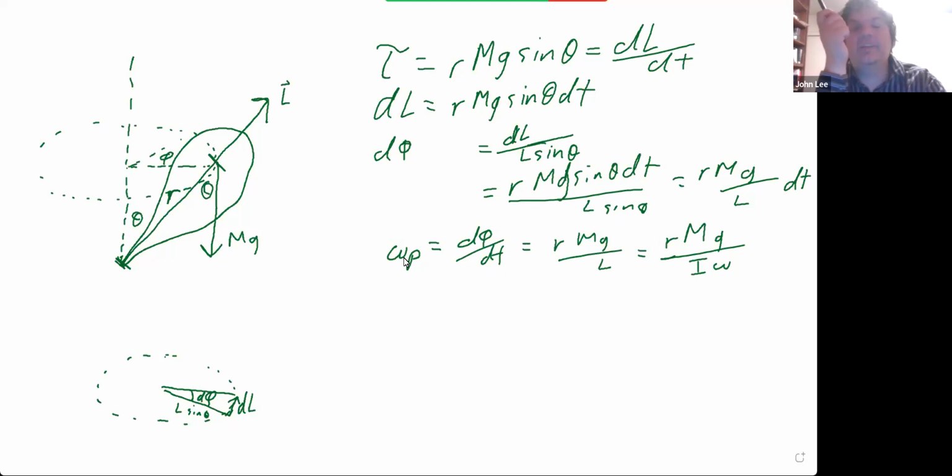So the angular momentum keeps it from falling down like you would if you had just a non-spinning top there.